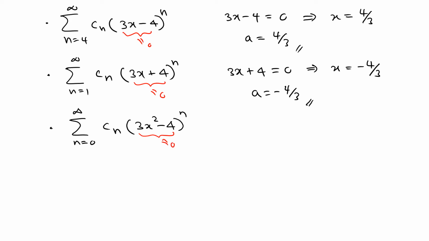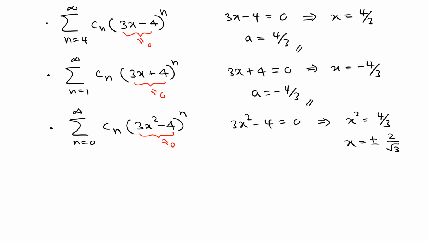So if you do that, we have 3x squared minus 4 equals 0. This says that x squared equals 4/3. That means x equals plus or minus the square root of 4/3, which is 2/√3.